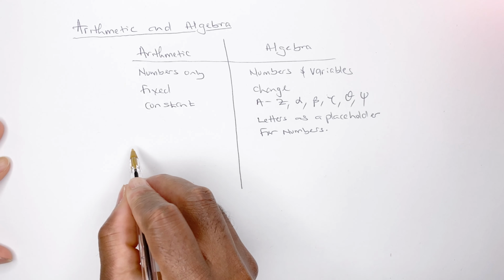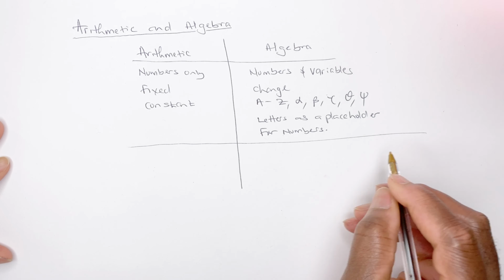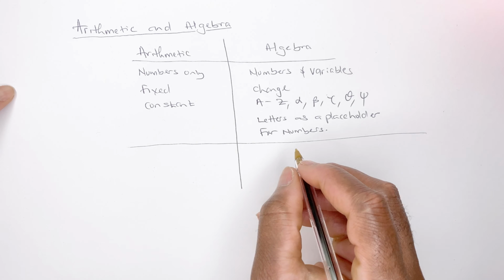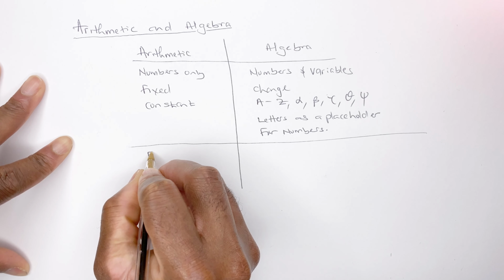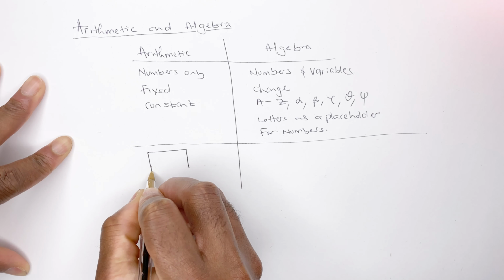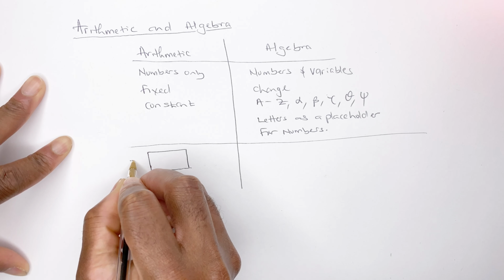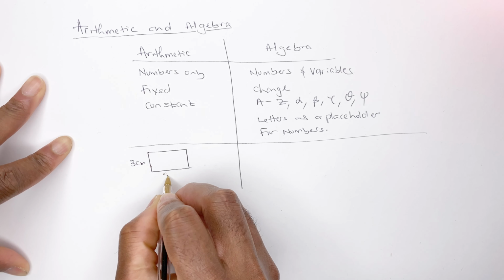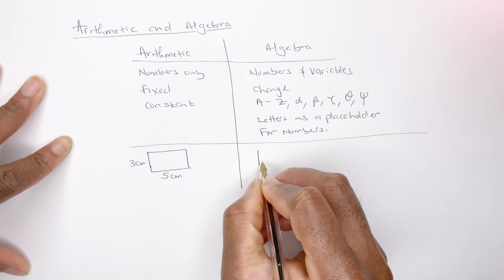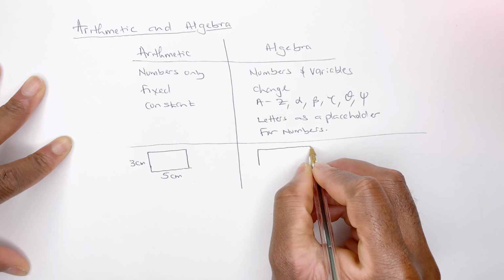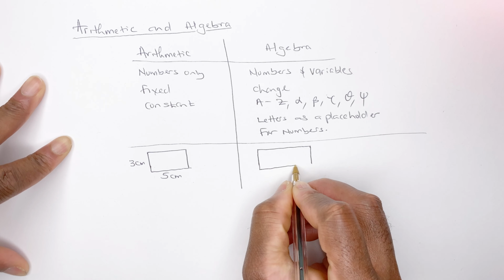So let me do a quick example of what I'm saying. Here, let's find the area of a rectangle, and let's call the sides 3 centimeters and 5 centimeters. Here in algebra, we're going to do the same, find the area and perimeter.